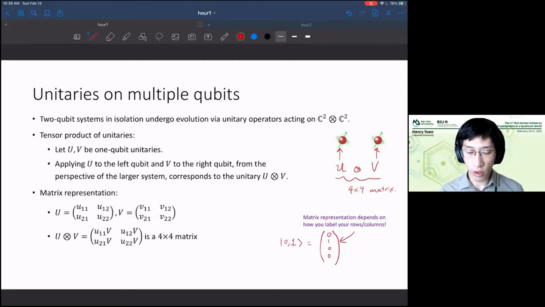And so how you represent these tensor products of matrices will depend on that representation. I should note that as we go on, we won't really work with concrete matrix representations of these tensor products, because after a while it just gets too large to write. And so this is just to help you get a concrete foothold into what these tensor products mean. But really, we will rarely write out the matrices like this.